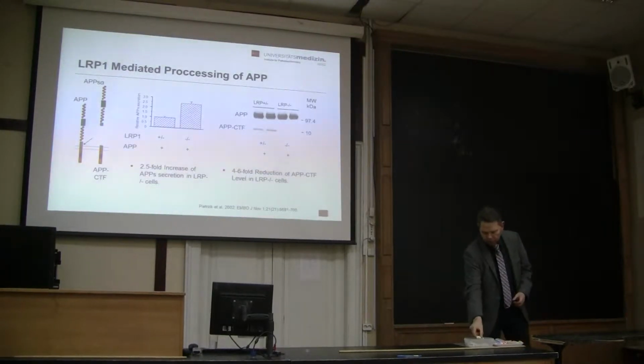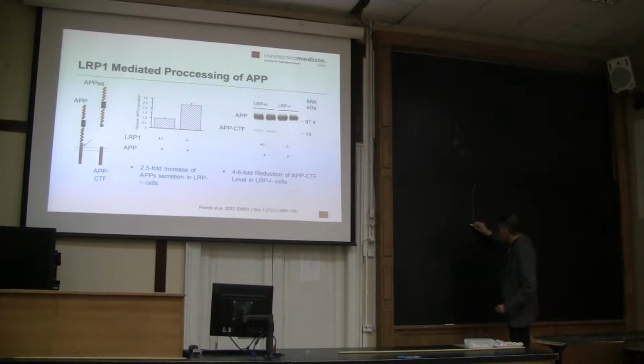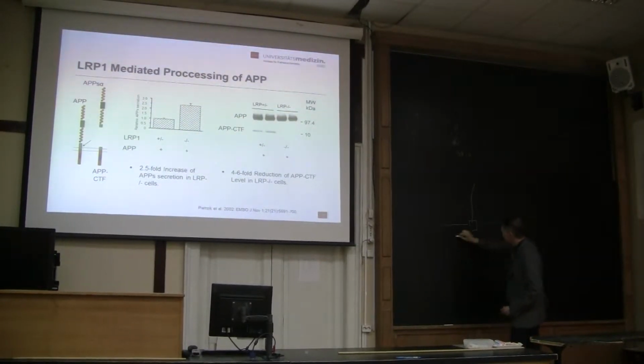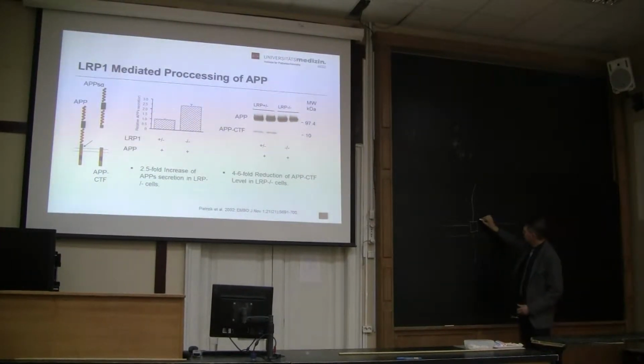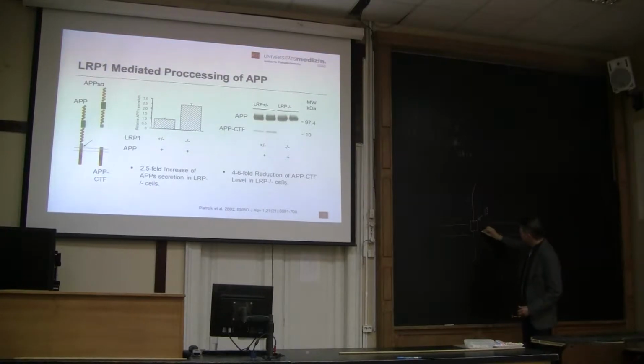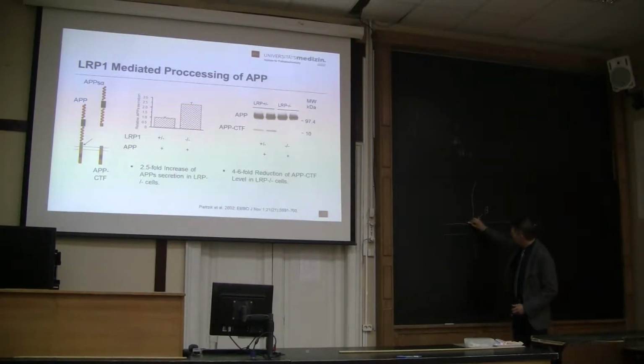So when you now think of this, what we have depicted yesterday, we said we have the A beta sequence, we have the plasma membrane, and usually we have beta cleavage and gamma cleavage. And we have here in between alpha cleavage.